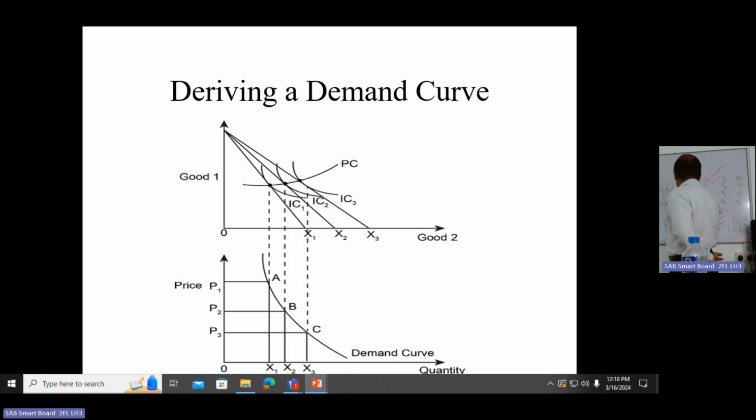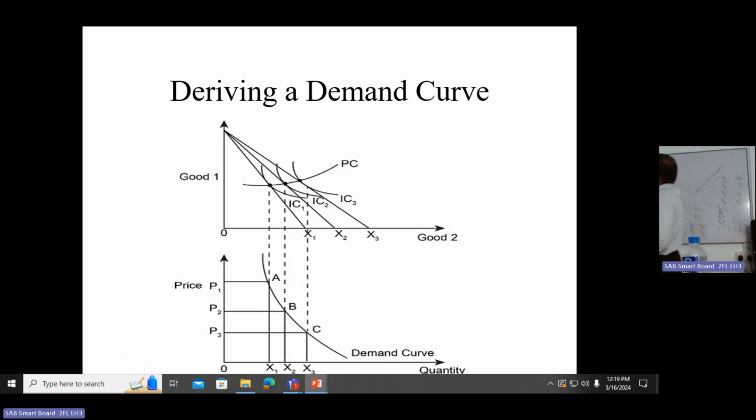Then we assume the price of product Y decreases. The equilibrium changes, so we can explain that. Then we can take the price, and based on that we can derive the demand.